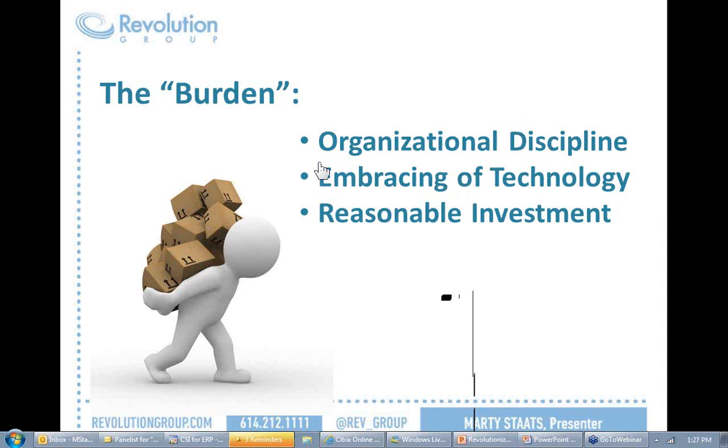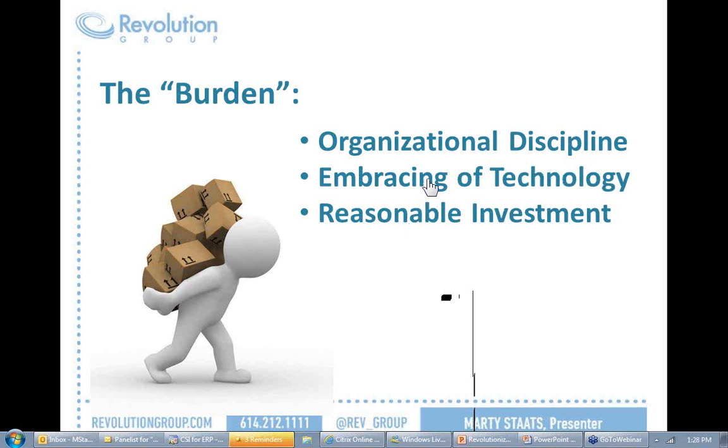As far as organizational change required, you have to embrace technology. Obviously, these systems are very technologically driven, so you're going to have the scanners on your floor to accommodate the requirements of these systems. And that's where we're going to require reasonable investment on your part.